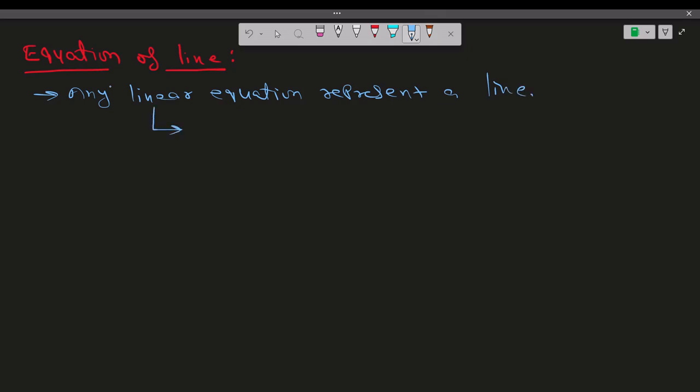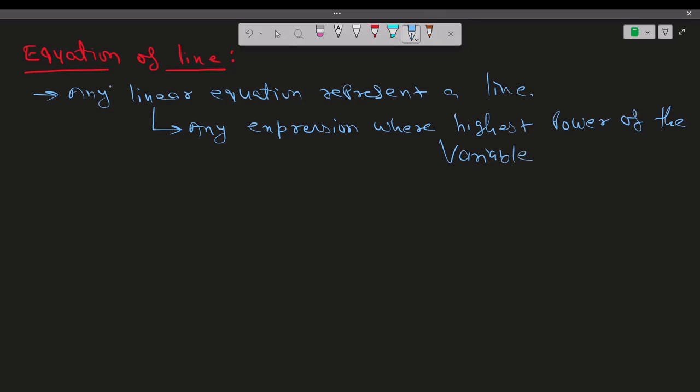Linear means any expression where the highest power of the variable is one is called a linear equation.